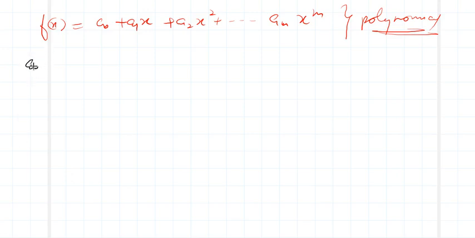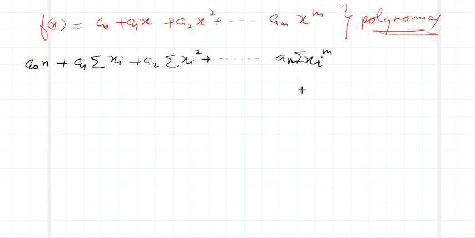So it is a naught n plus a1 summation xi plus a2 summation xi square and so on, plus am summation xi raised to power m, and it is equal to summation yi.